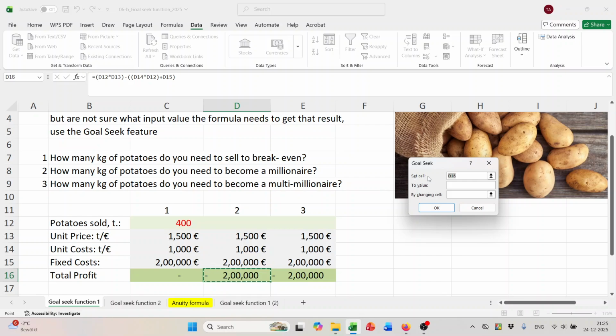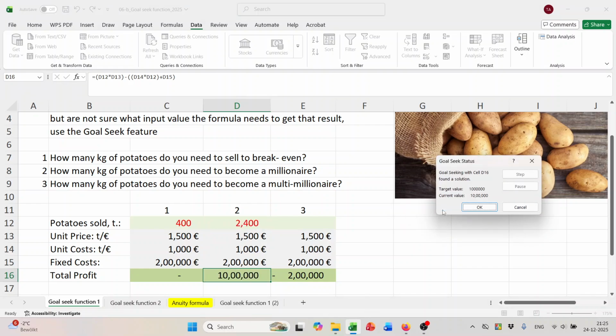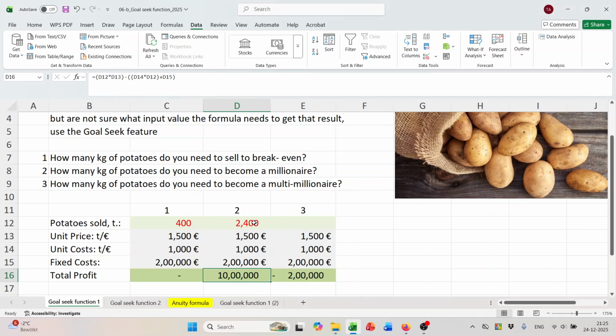Set cell, we want this cell to be 1 million, and I change this cell. So we have to sell 2400 potatoes, then we will reach our goal of 1 million.